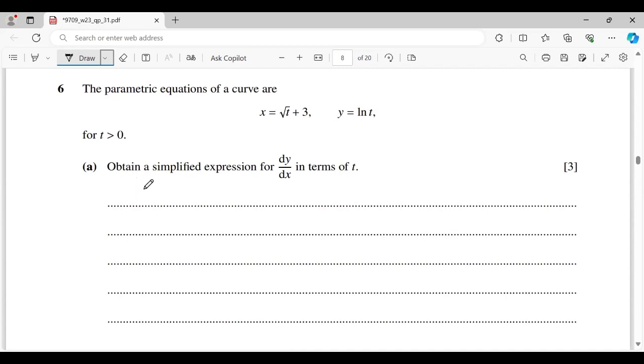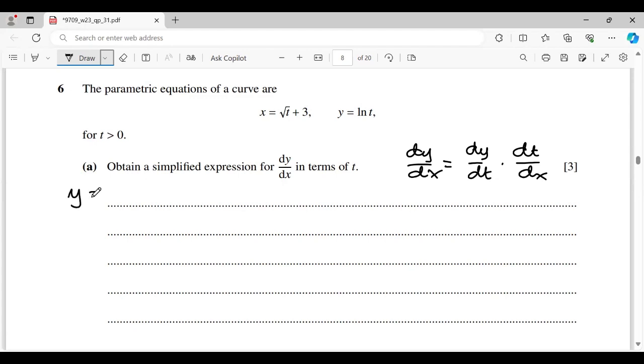Then to obtain a simplified expression for dy dx, by the chain rule, I'm going to write this rule: dy dx equals dy dt times dt over dx.